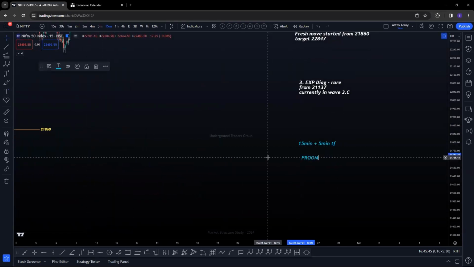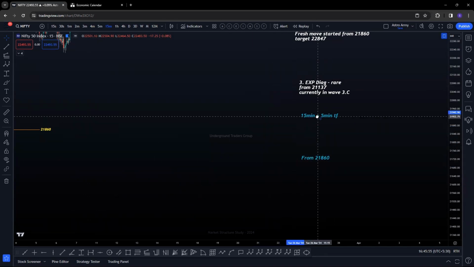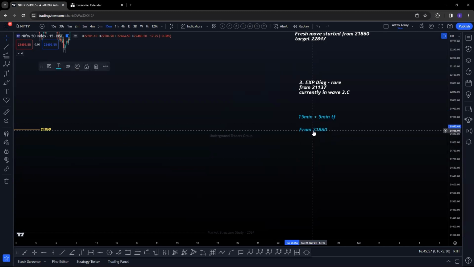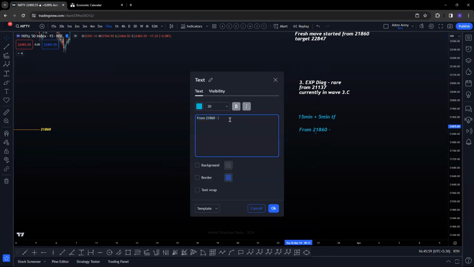So from 21,860, impulse move, currently in a wave 5.